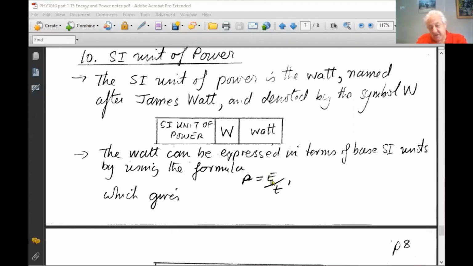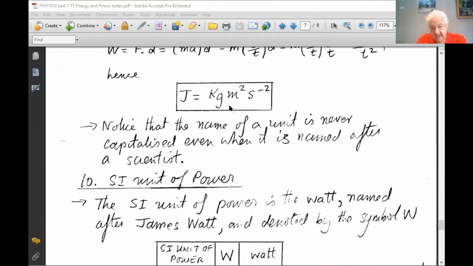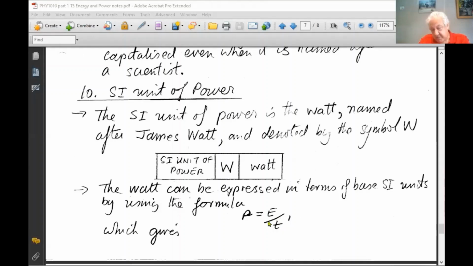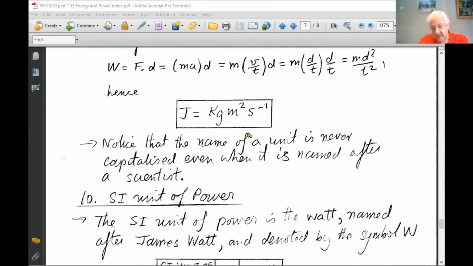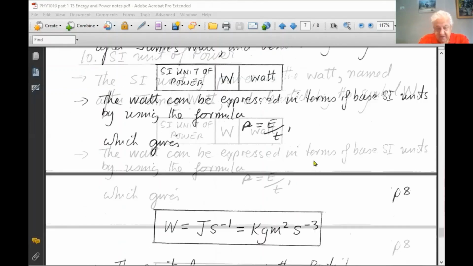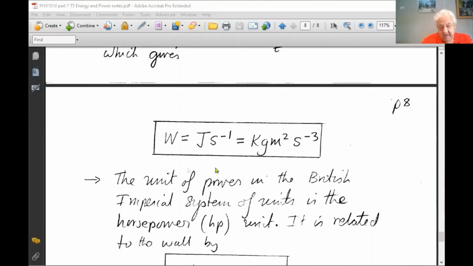Since power is energy over time, then we can take the unit of joules, as kilograms meters squared s to the minus 2, divided by an extra time, so it becomes kilograms meters squared, s to the power minus 3. So I can get my watts in terms of my base SI units.